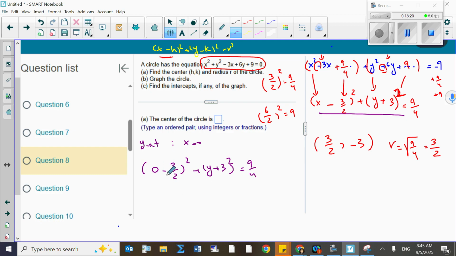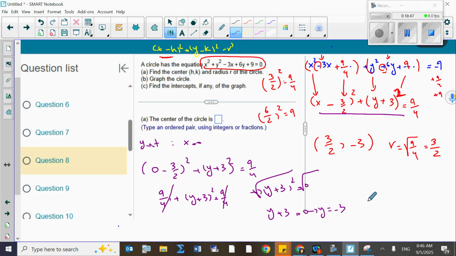Well, this part to the power of 2 will be 9 over 4, plus y plus 3 squared equal to 9 over 4. Okay, these two cancel. So y plus 3 squared is equal to 0. Now I take the square root of both sides. y plus 3 will be equal to 0 and y equal to negative 3. So the y-intercept will be 0 and negative 3.